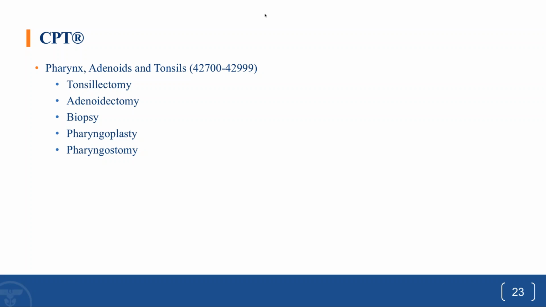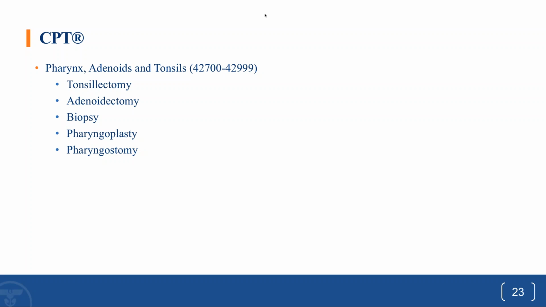So you have to see the two terms in order to use 42820 or 42821, right? You have to see the term tonsillectomy, and you have to see the term adenoids or adenoidectomy in order to use those two codes.